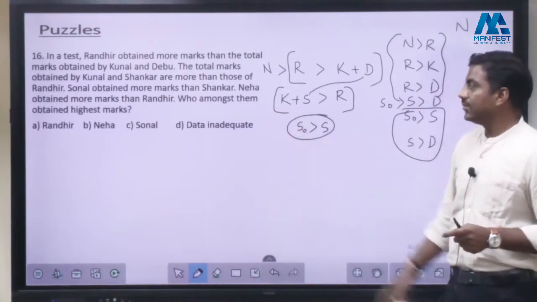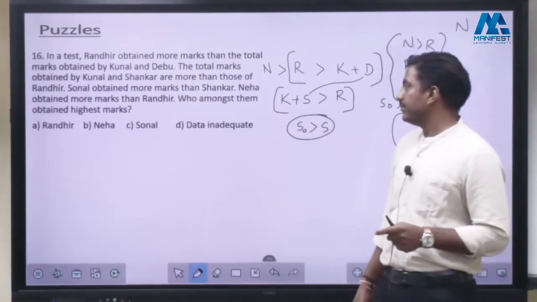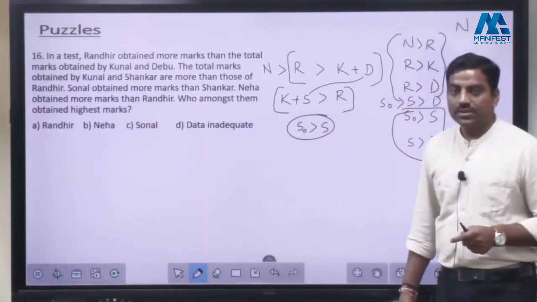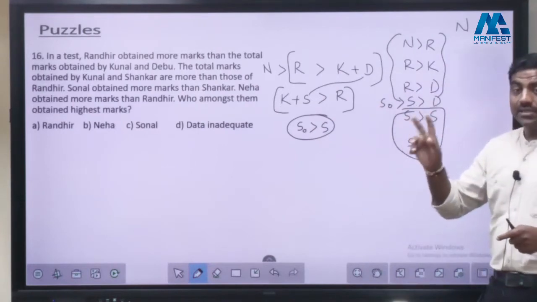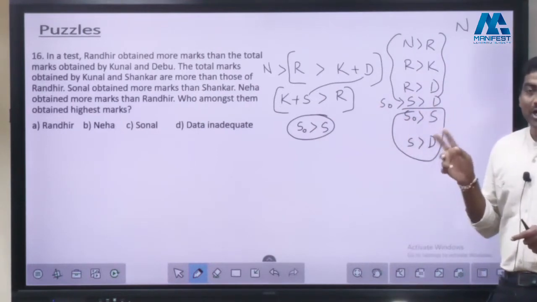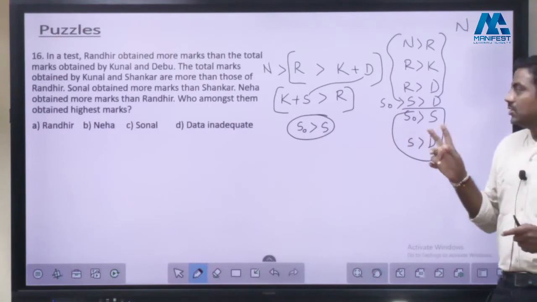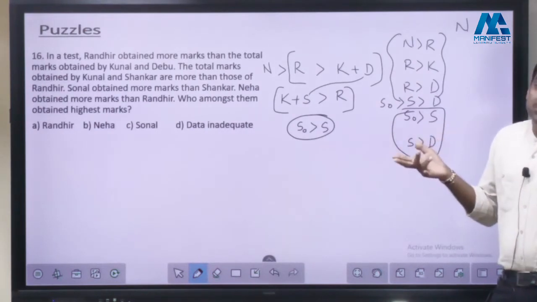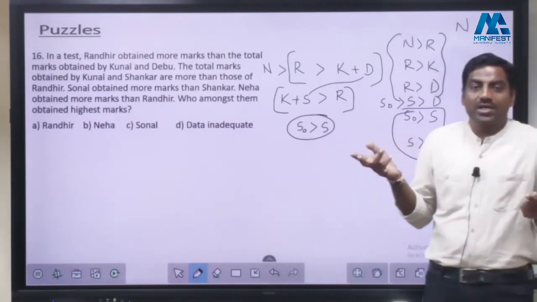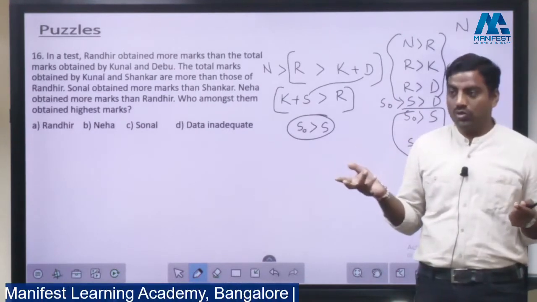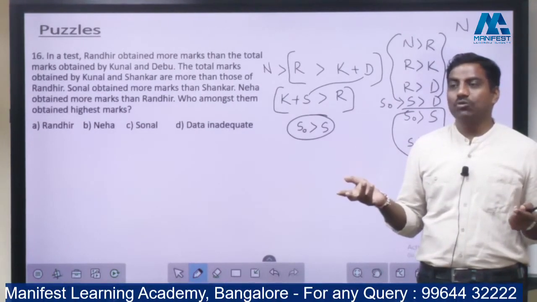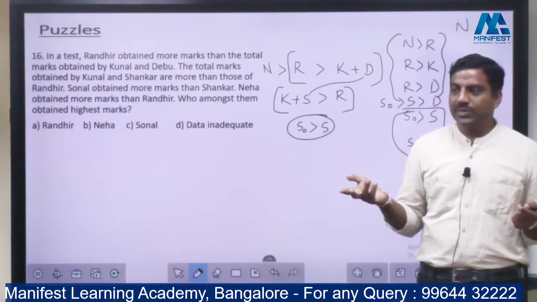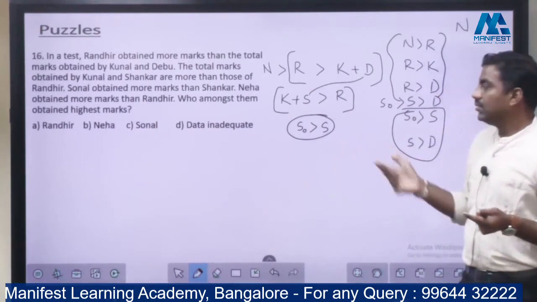So what are they asking? Who amongst them obtained highest marks? Ranadhir not, Neha yes, but Sonal and Shankar are spoiling her party. Sonal, don't know. Sonal is better than Shankar. Shankar is better than Debu. But with respect to Neha, we don't know.